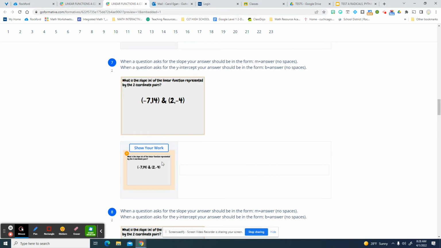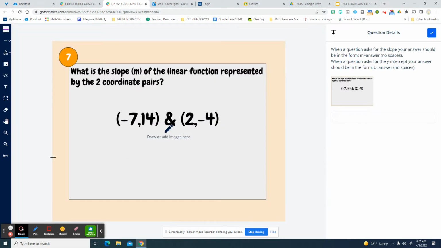Okay, 2 points. 2 points, we want to use the slope formula. We should know m equals y of the second point minus y of the first point over x of the second point minus x of the first point.